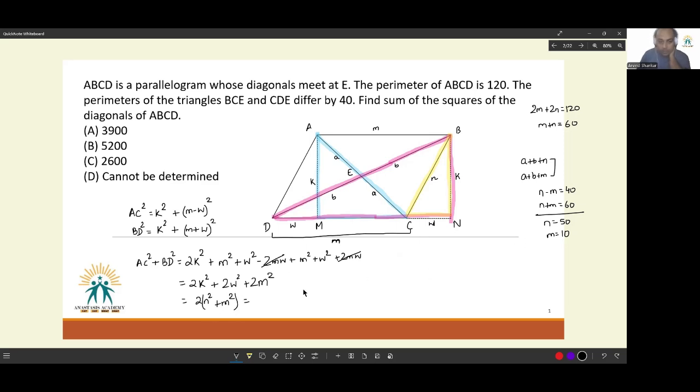N and M values I already know. So, 2 times 50 square plus 10 square, or altogether we'll get 2 into 2600, or the answer will be 5200 for this question.